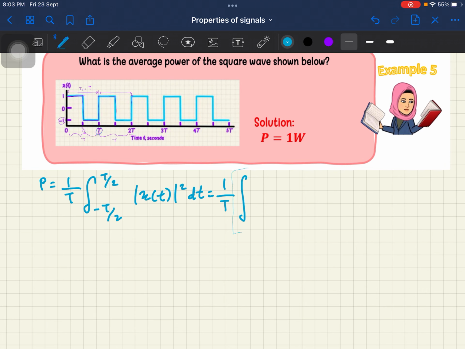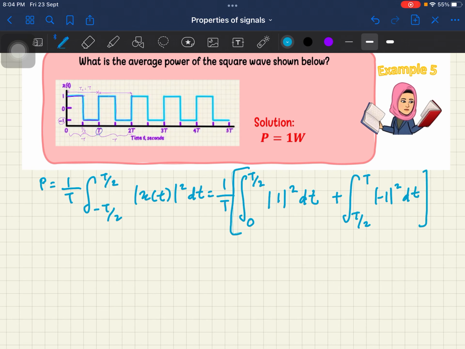So we're going to write the equation like this. From 0 until T over 2, the amplitude of the signal is positive 1 squared dt, and then plus from T over 2 until T, the amplitude of the signal is minus 1 squared dt.